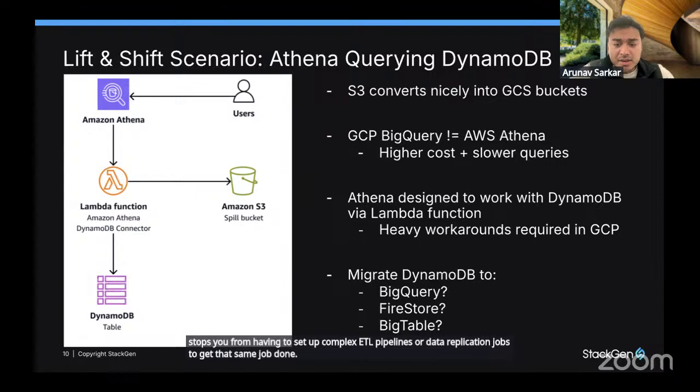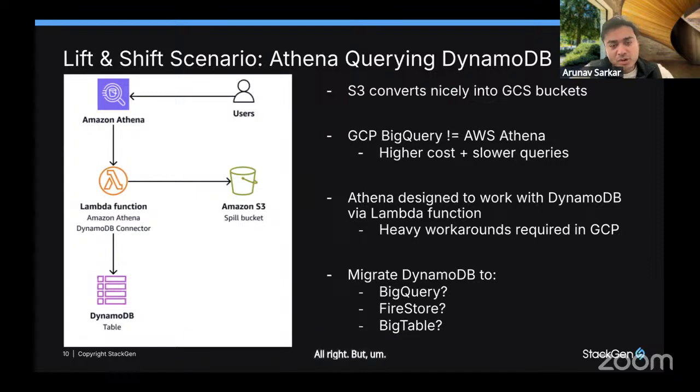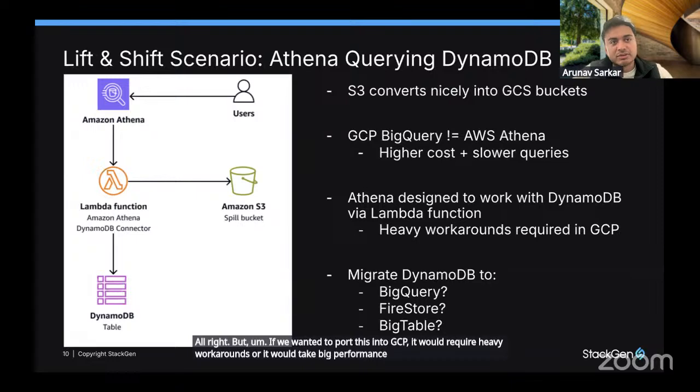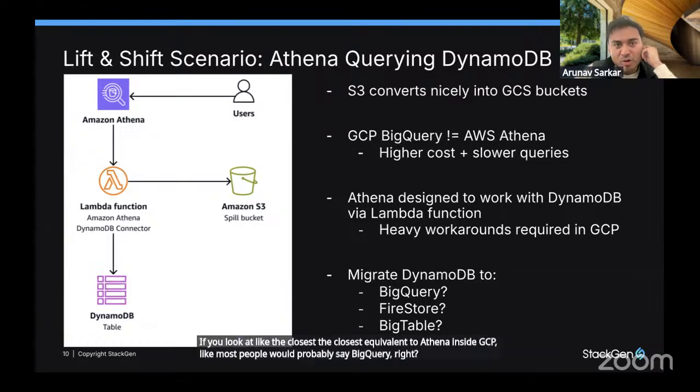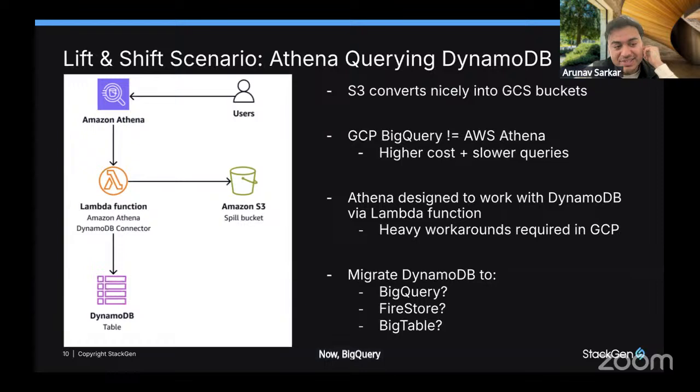But if we wanted to port this into GCP, it would require heavy workarounds, or it would have big performance and cost impacts. So for example, if you look at the closest equivalent to Athena inside GCP, most people would probably say BigQuery. Now, BigQuery is not exactly the same though.